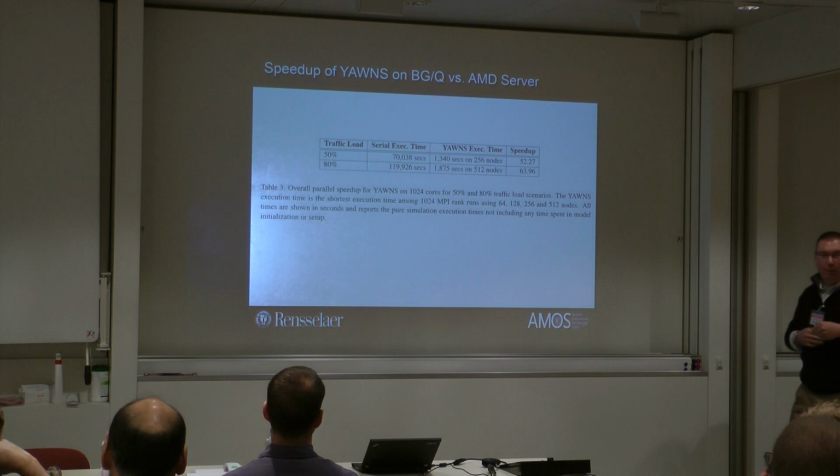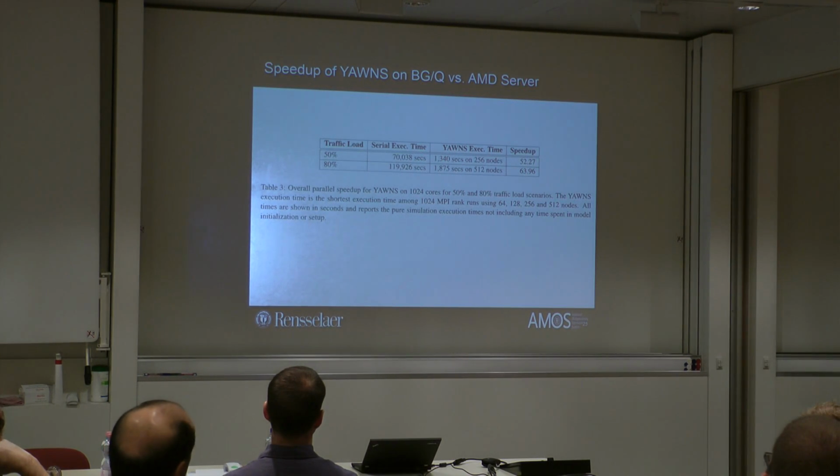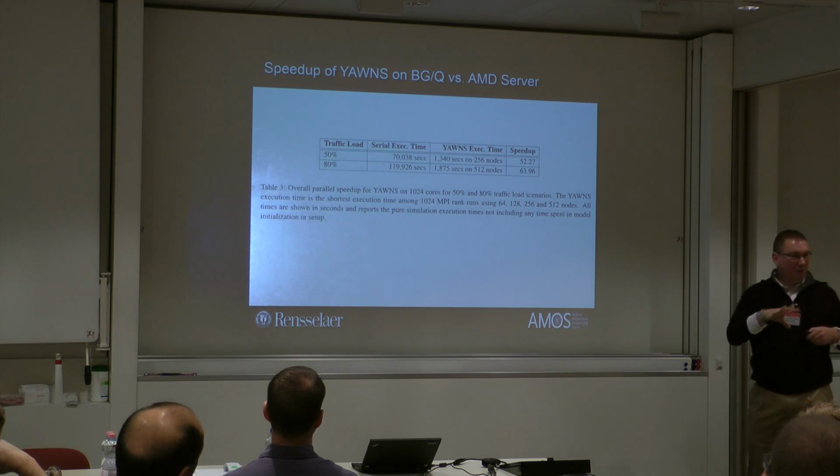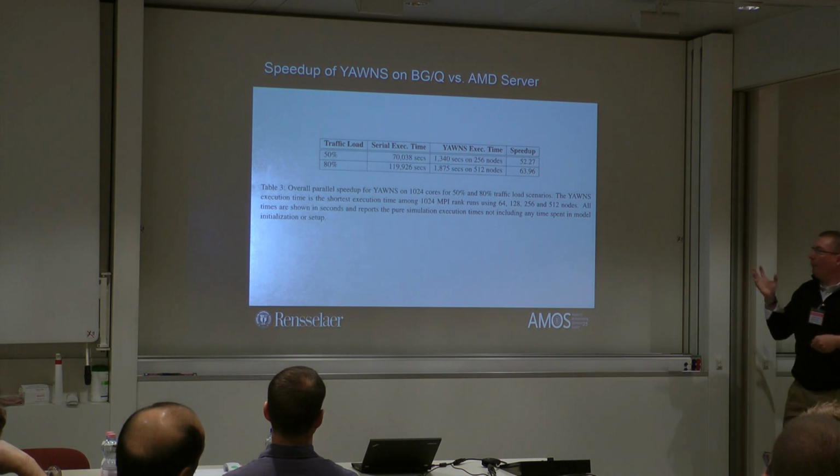And then finally, what was our speedup? Originally the motivation for the work was we wanted to see an order of 50 to 100x speedup, and that was not comparing Blue Gene speedup, but comparing to a reasonably modern AMD server. We felt we met that goal.